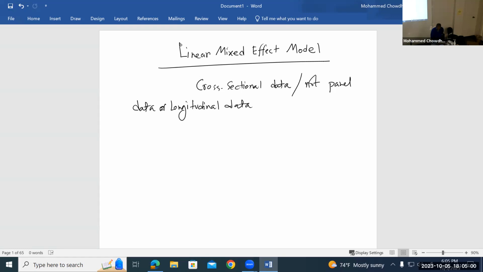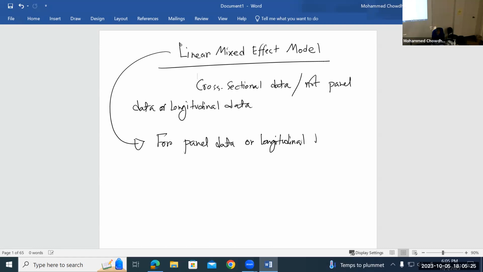So the models that I just mentioned few minutes ago, I already discussed those things. But today, the linear mixed effect model that I'm going to discuss will be for panel data or longitudinal data.